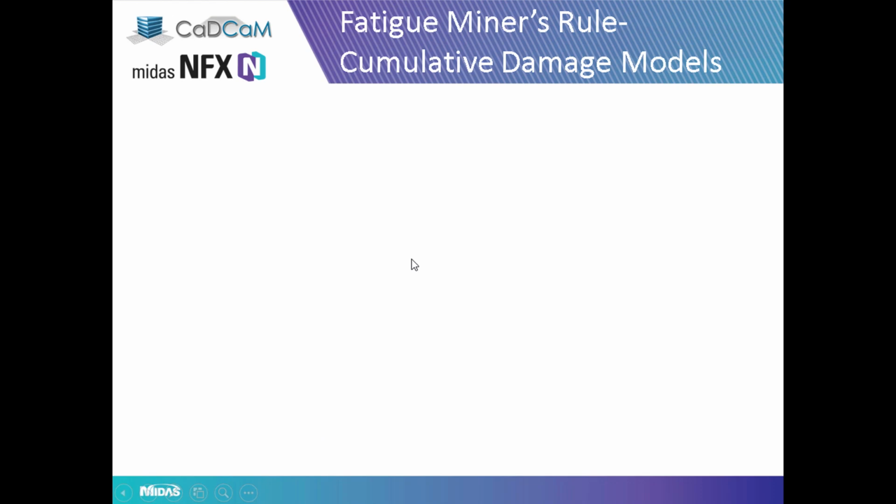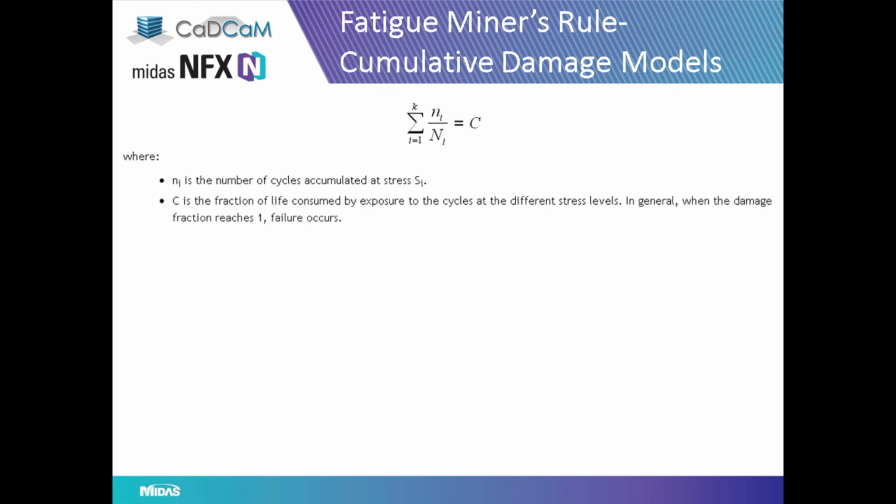A cumulative damage model is defined in Miner's rule for fatigue. I have to tell you that MIDAS has a very special model in order to analyze fatigue, and this is due to the random simulation results.